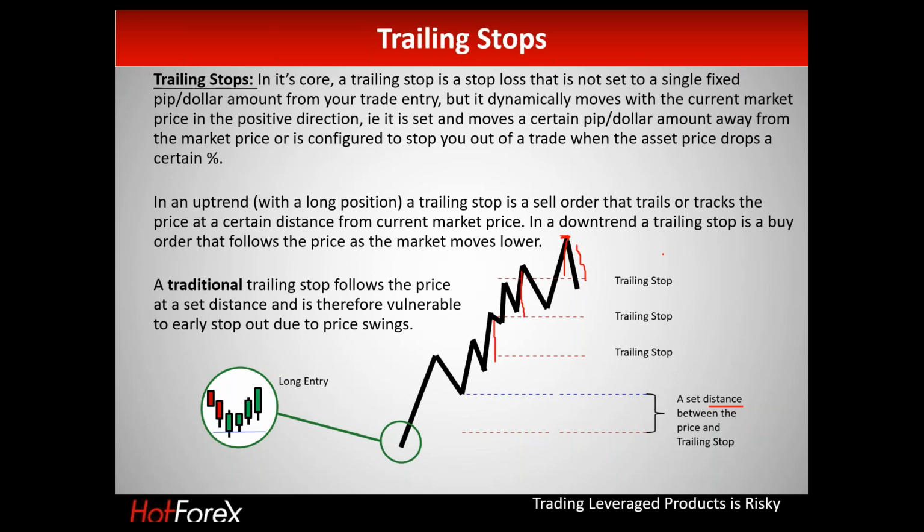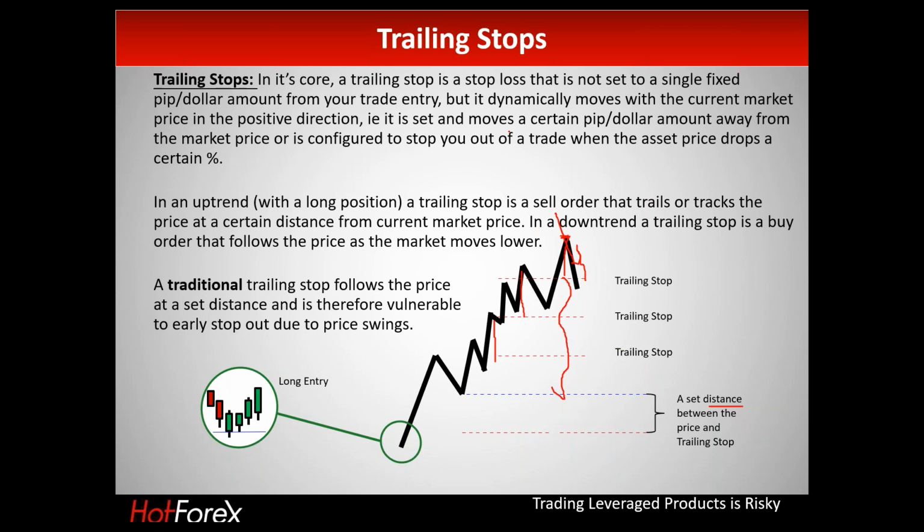So what I mean is, it was moving along with the trend, but if the asset stops moving higher and comes against us, the stop loss remains where it was at the very last movement, and the position closes. This way, we have gained all this, because we have set our stop loss, so we locked in all these profits before the uptrend reversed.